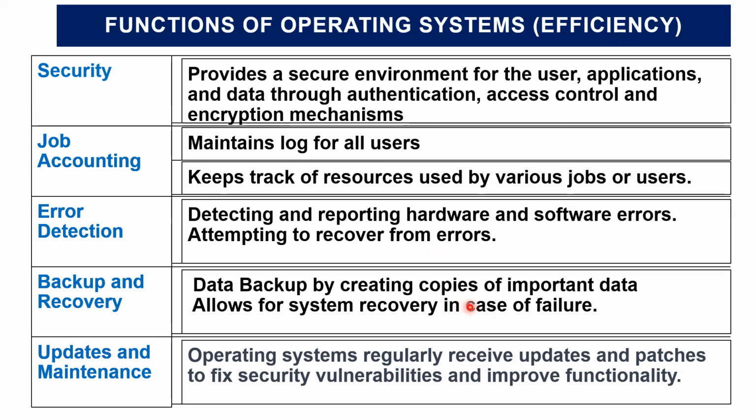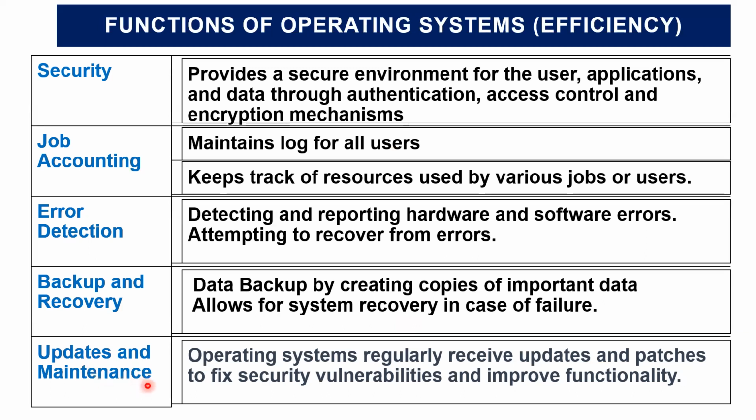In such a case, you can either take a backup of the files and install the operating system once again. That is the manual way of taking backup and recovery. In addition, we can also set the system to a back date, say one week before, and that state of the system will be retained if you attempt to recover the system from failure.